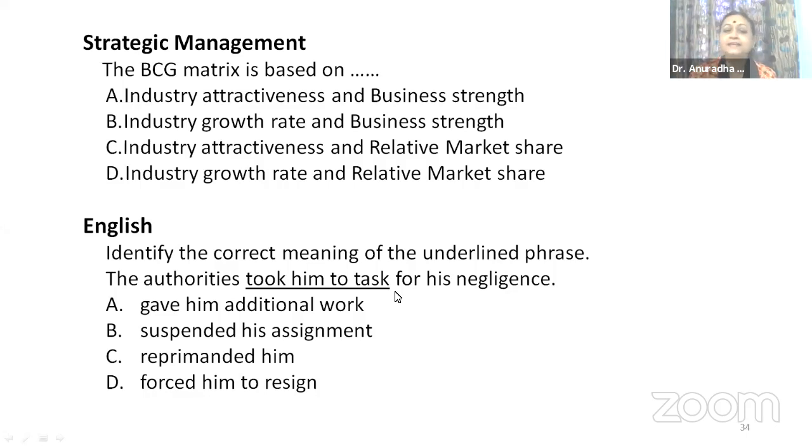But rather than asking him what 'took him to task' means, they've given options: gave him additional work, suspended his assignment, reprimanded him, or forced him to resign. Now look at these options, they're very effective options. Yes, reprimanded him is probably the correct answer. So this is a way you have tested his understanding of certain phrases, but through an MCQ type of format.